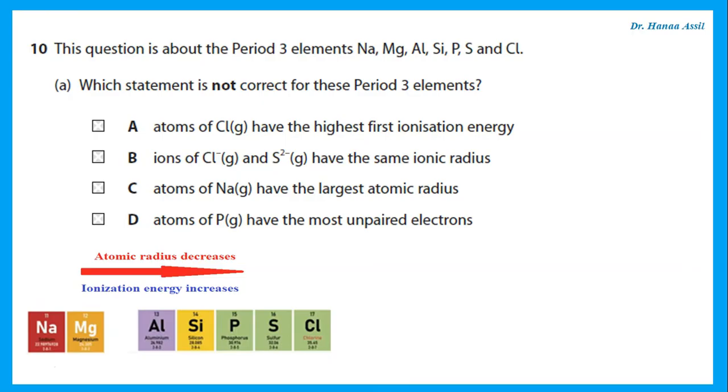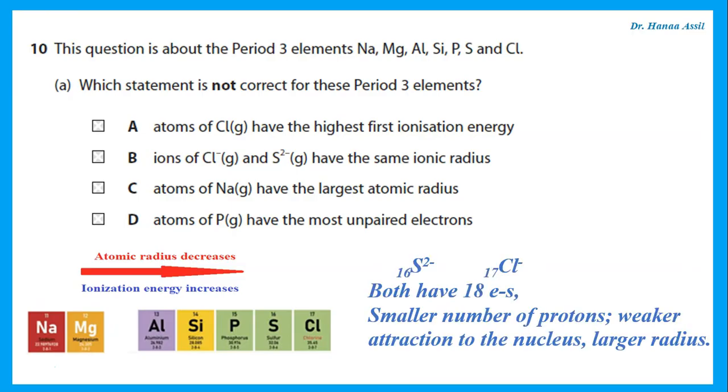Now the second statement says ions of chloride and sulfide have the same ionic radius. Well, let's look at this.